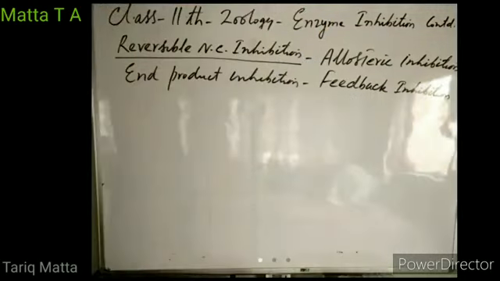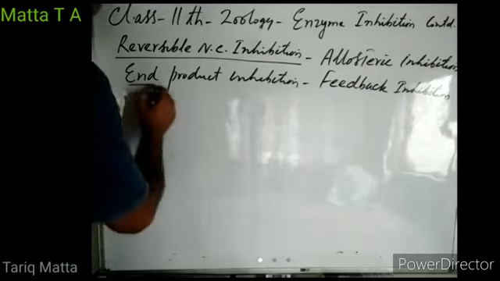So it is known by different names. Reversible non-competitive inhibition is also known as allosteric inhibition, end product inhibition, or feedback inhibition.